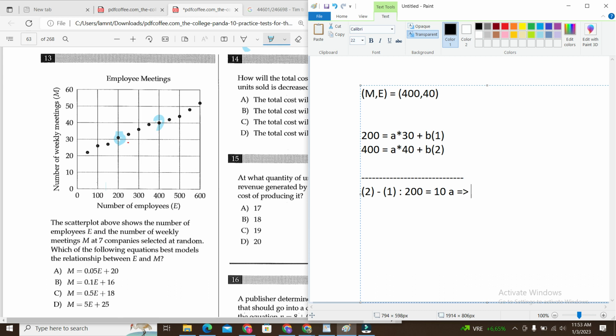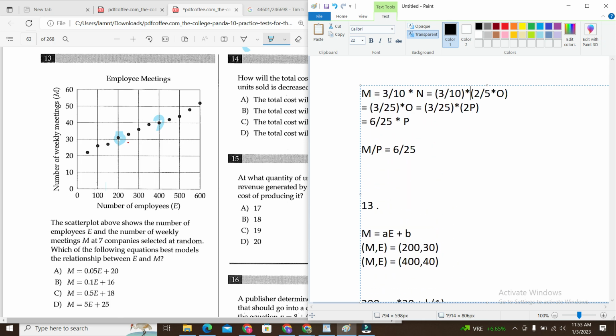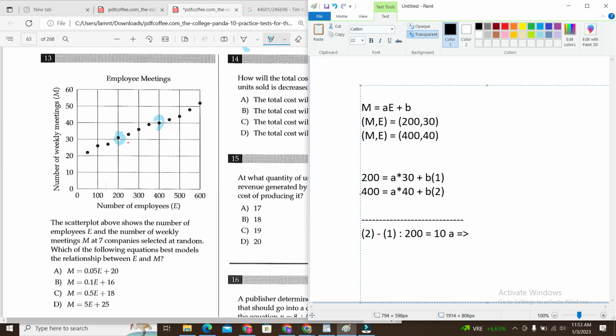Okay, so that's actually wrong on my side. It has to be a little bit reversed. Okay, I'm gonna do it again.